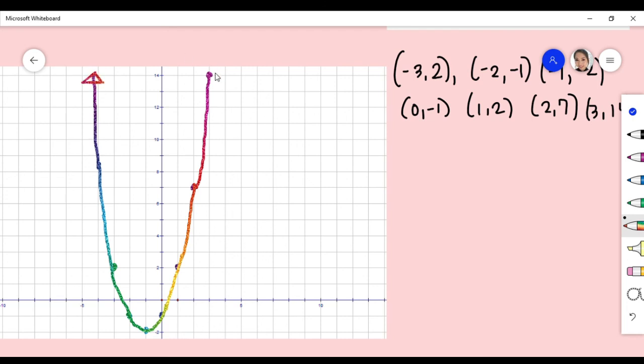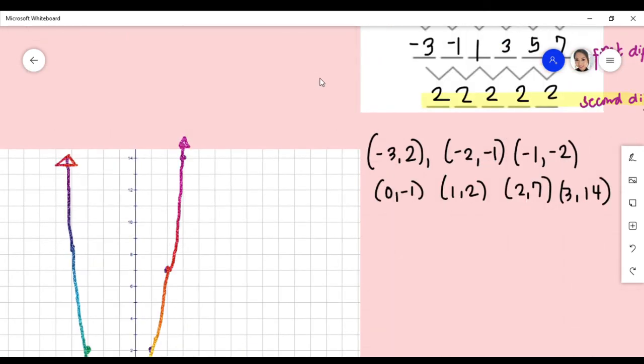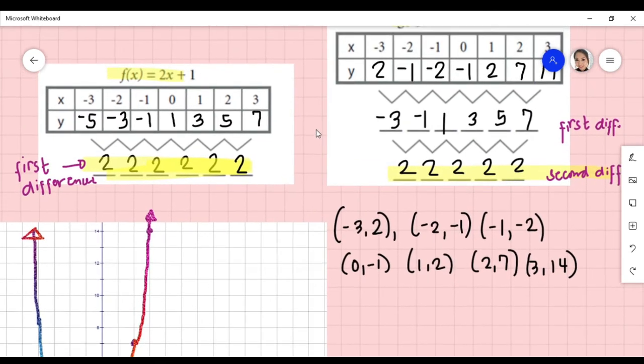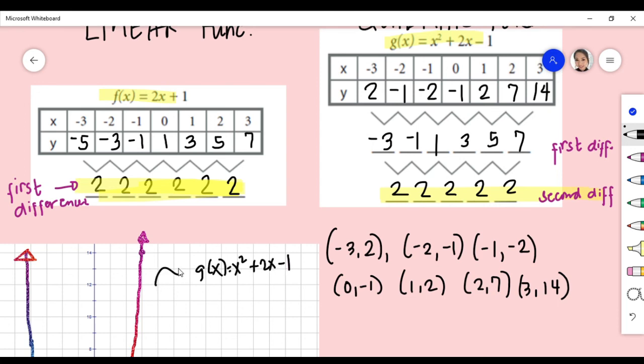We put arrows. So this is the graph for the quadratic function g of x is equal to x squared plus 2x minus 1. So that's the graph of the function.